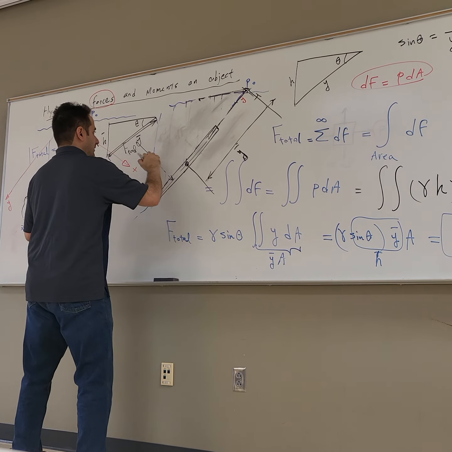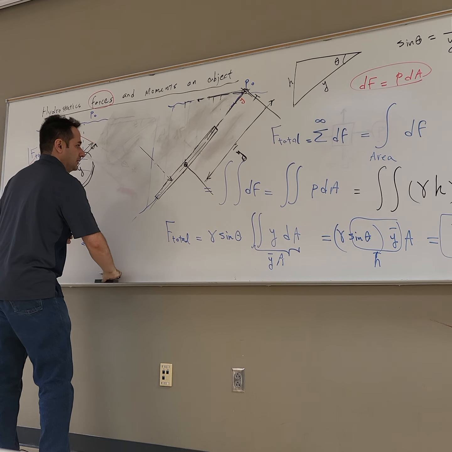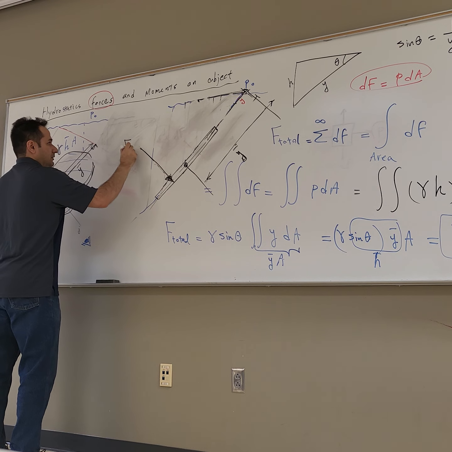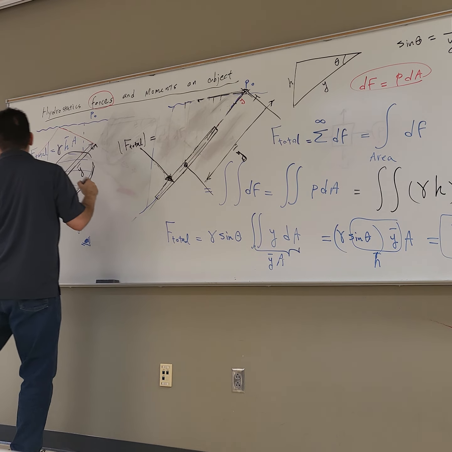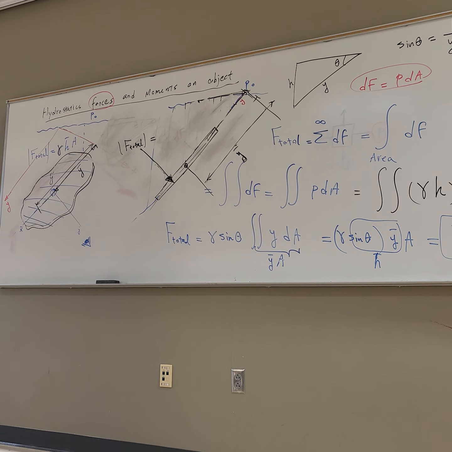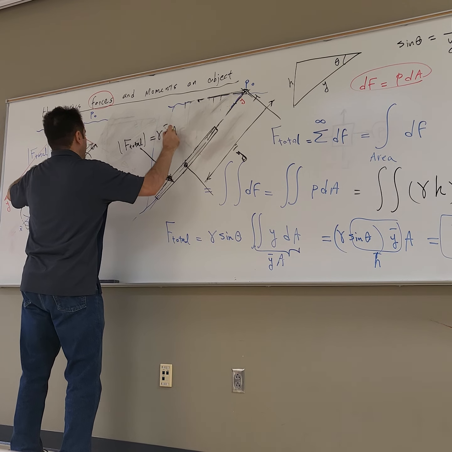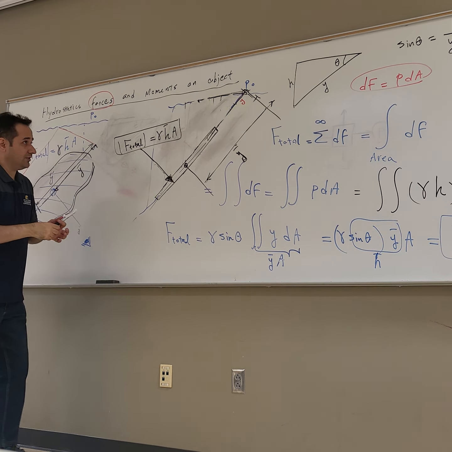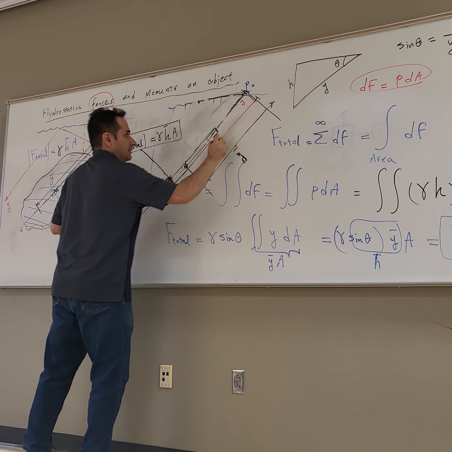And then this is the total force, replace one F total. This magnitude was gamma h bar times A. And the location that it is acting on, from here to here, is y tilde.